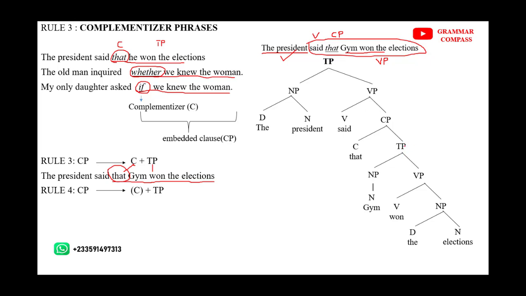This sentence, "Jim won the elections", was also broken down to give us a noun phrase and then a verb phrase. The noun phrase part was "Jim", and the verb phrase part was "won the elections". These are the two rules that govern sentences when there is a complementizer phrase embedded in them. Whenever you have a complementizer phrase, it will consist of a complementizer and then another tense phrase.